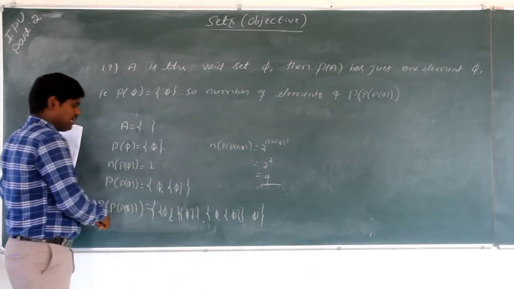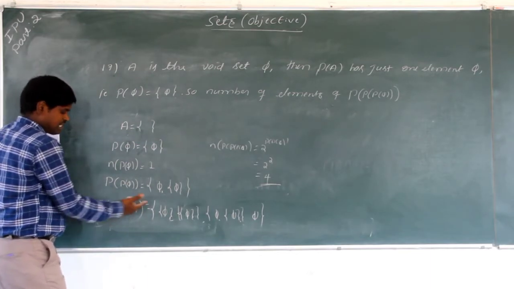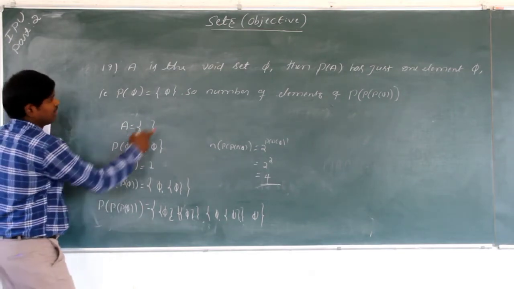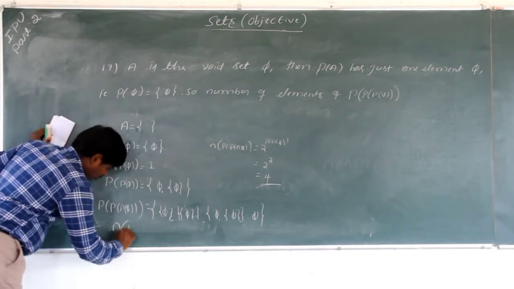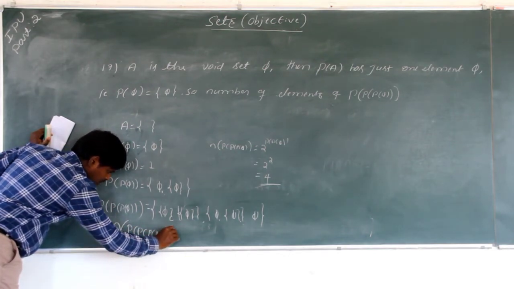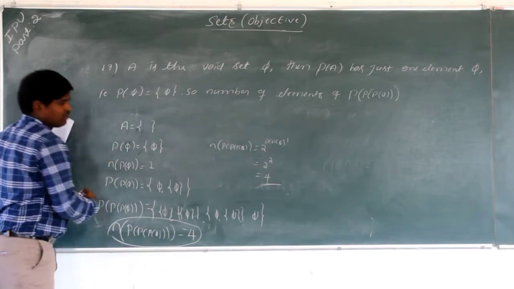So here we are going to list all the possible subsets. The number of elements in P of A, that is n of P of phi, is 4.